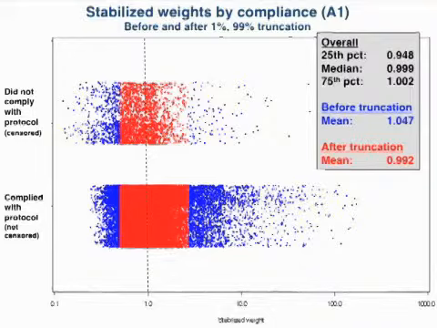And we've split it out by those that did have censoring versus those who didn't. You see the overall distribution here has a median of about 1, and while there's a lot of scatter here, most of the distribution is actually tightly bound around 1.